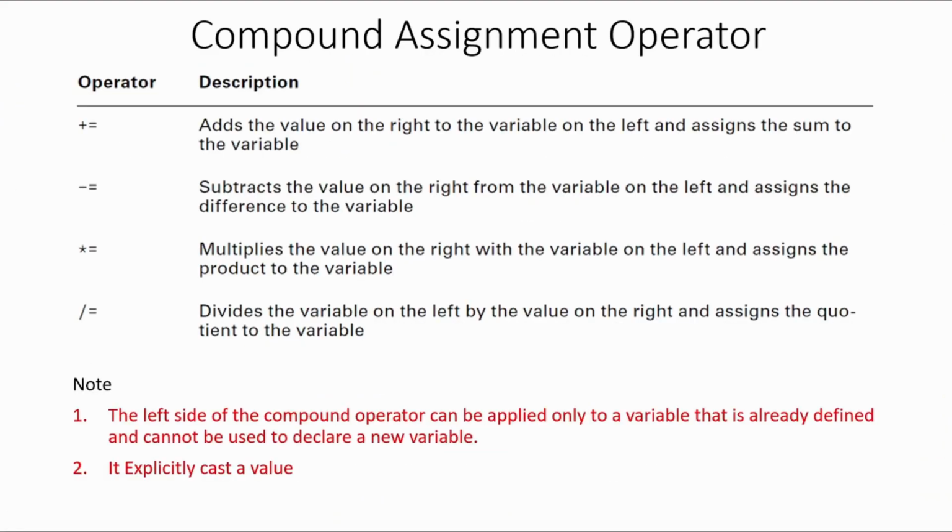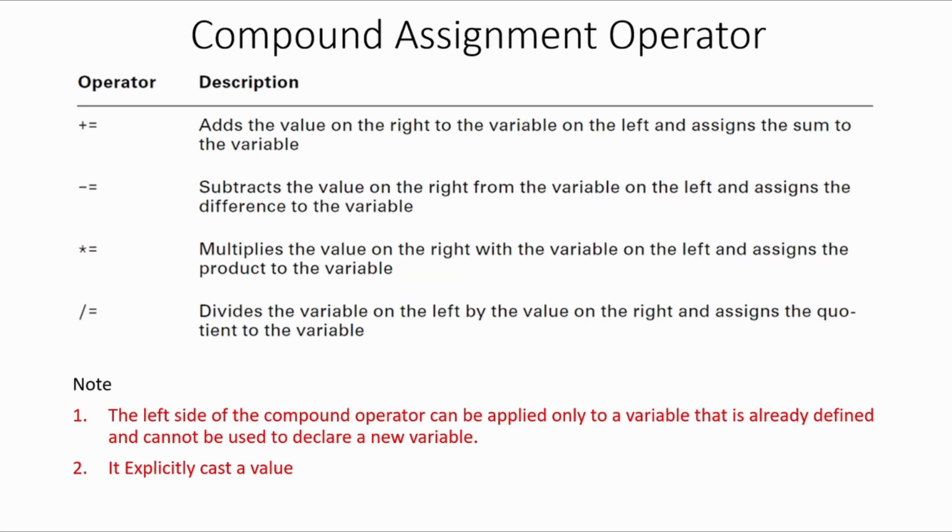Next, compound assignment operator. So there are 4 compound assignment operators: plus equals, minus equals, multiply equals, divide equals. So what it actually does is operate the value on the right hand side with the variable on the left and assign the value to the variable on the left.